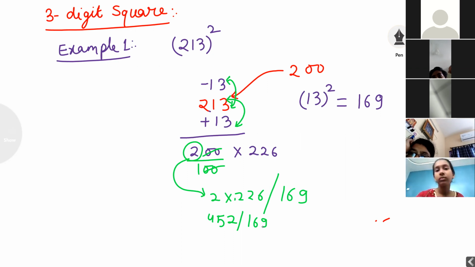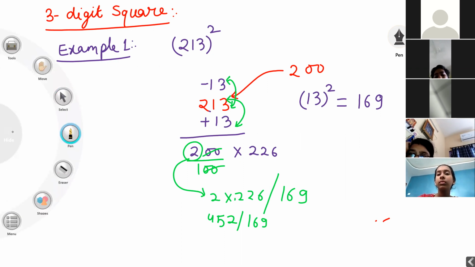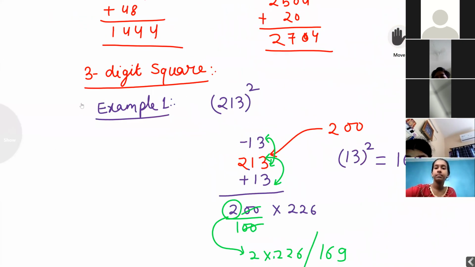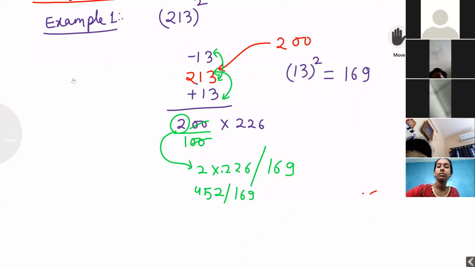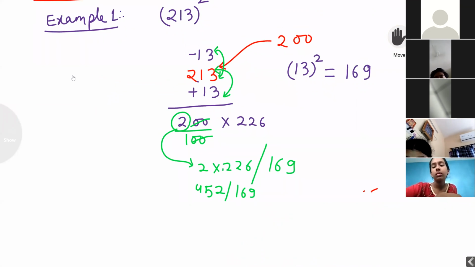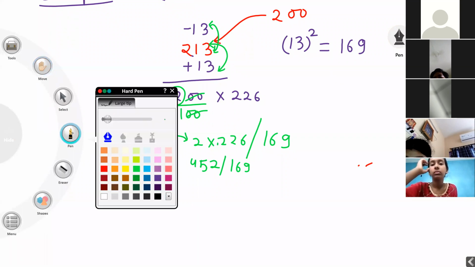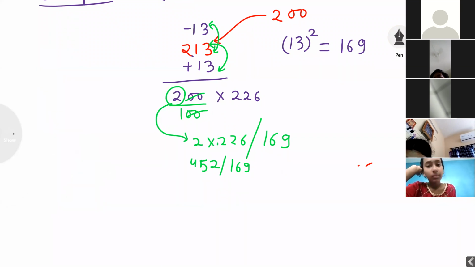Next, one more small concept is there. Concentrate here. Listen carefully. Students, you have observed what I have done here.